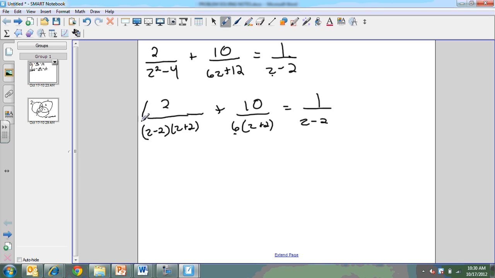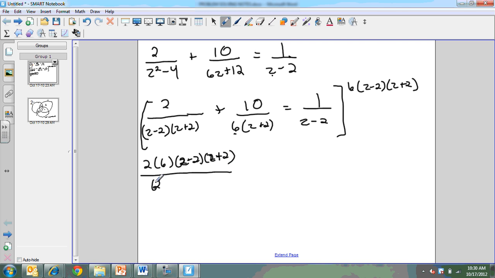So we multiply the entire rational equation by our LCD, 6 times z minus 2 times z plus 2. So the first one, I'm going to end up with 2 times 6 times z minus 2, z plus 2, over z minus 2 times z plus 2.